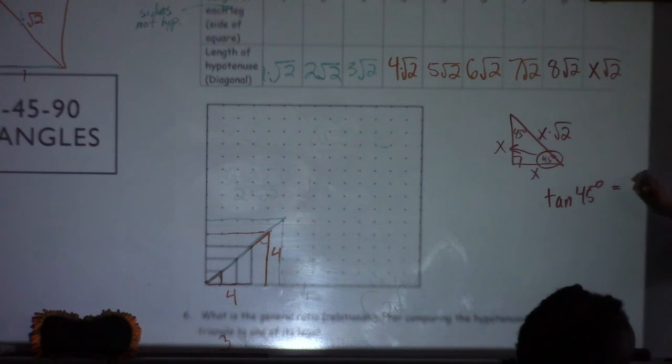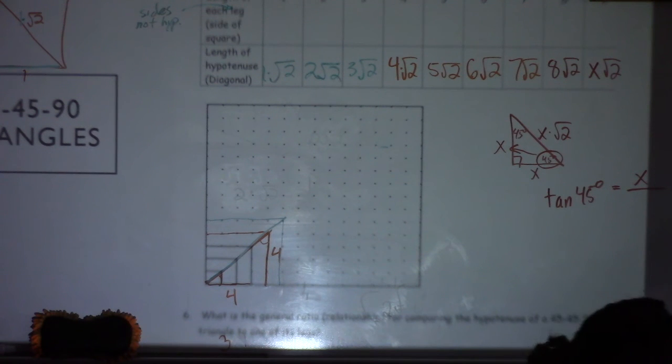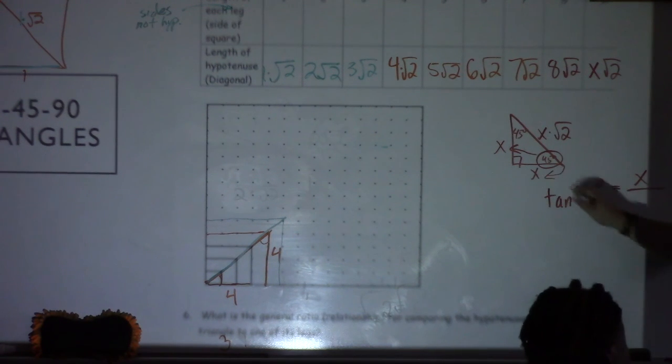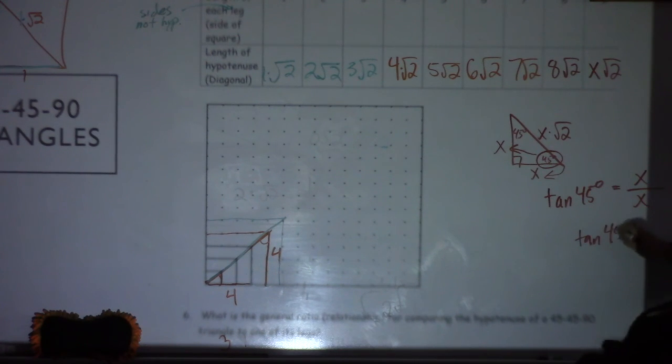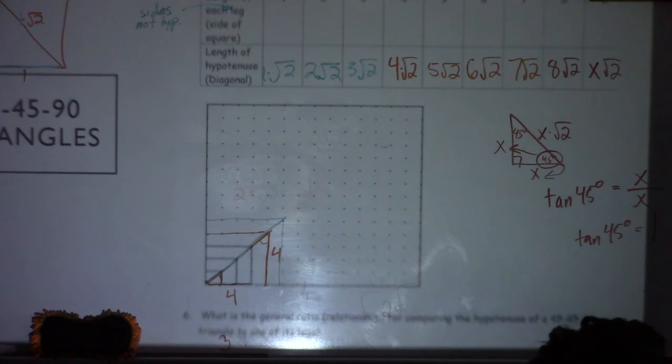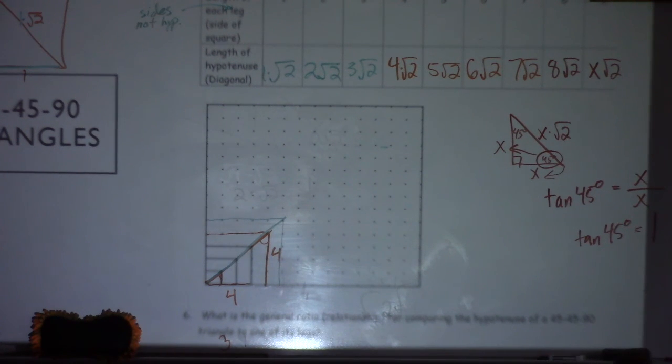It's X. What is adjacent to that 45? And what is X divided by X? So what is the tangent of 45 degrees always equal to? You can use this generalized 45, 45, 90 to figure out the ratios for any of these.